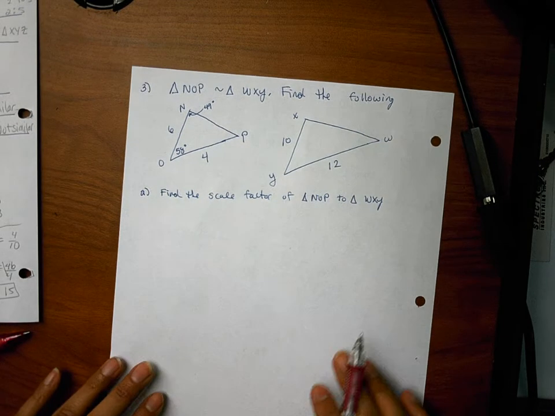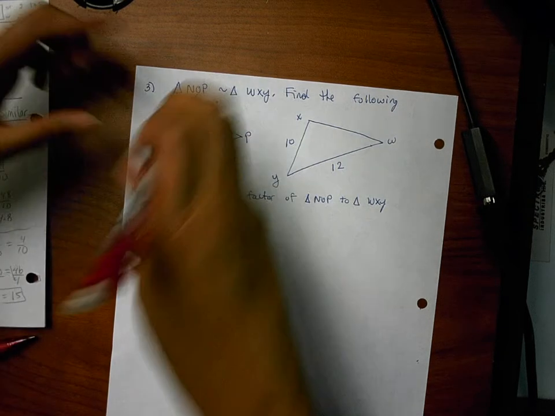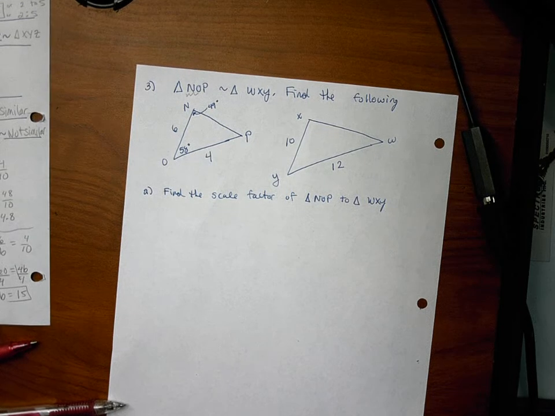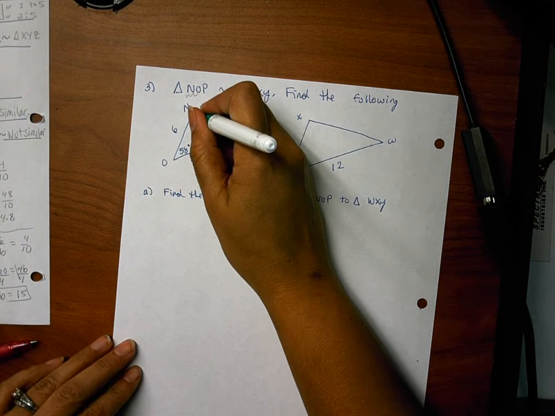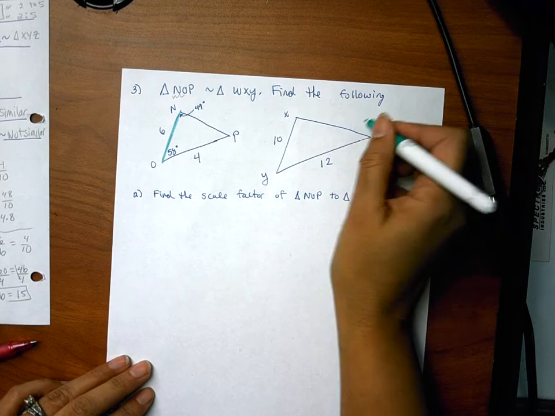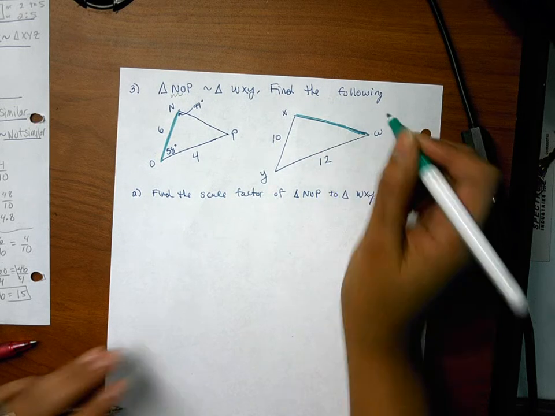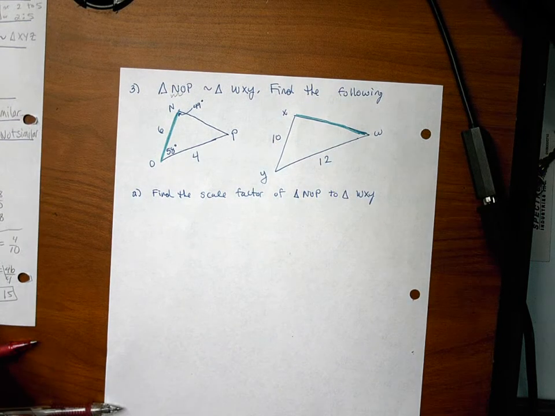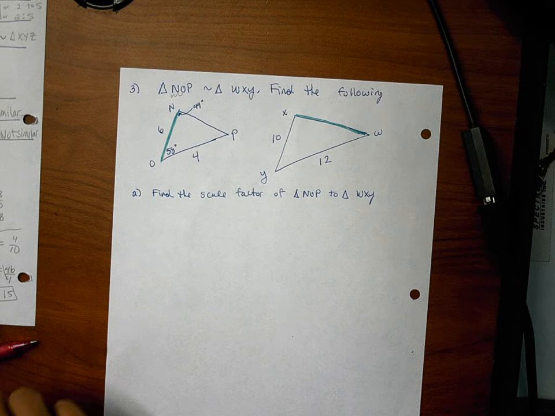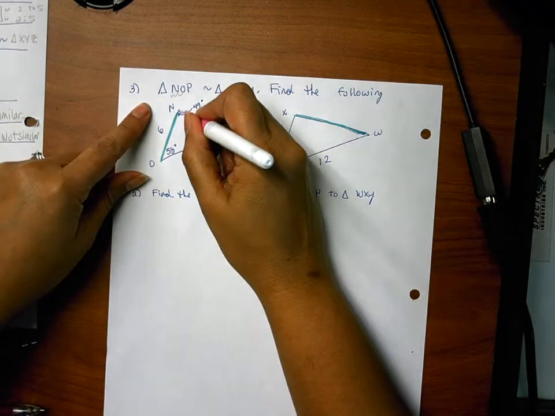Okay, so you have to find two sides that match. For example, NO, actually let's just color coordinate them right now. NO matches with WX. It's going to help if you can color coordinate them, otherwise it's going to get confusing when it's rotated. All right, what is my other one?